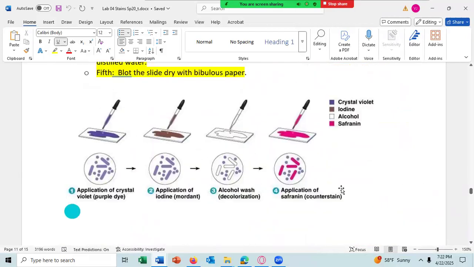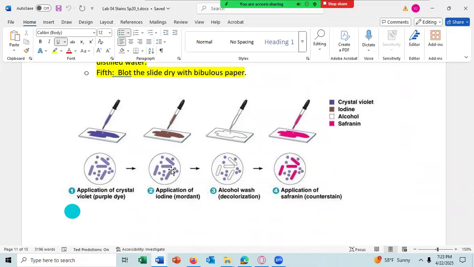So here's looking at the cells. After the first step, after applying the crystal violet, all cells will appear blue-purple. You then add the Gram's iodine, and all cells will stain a little bit darker, a little more purple color.